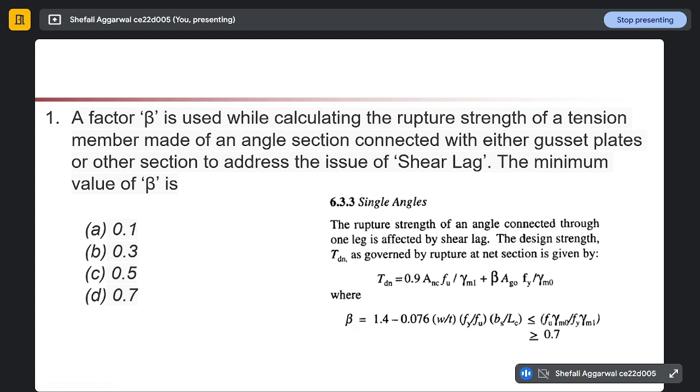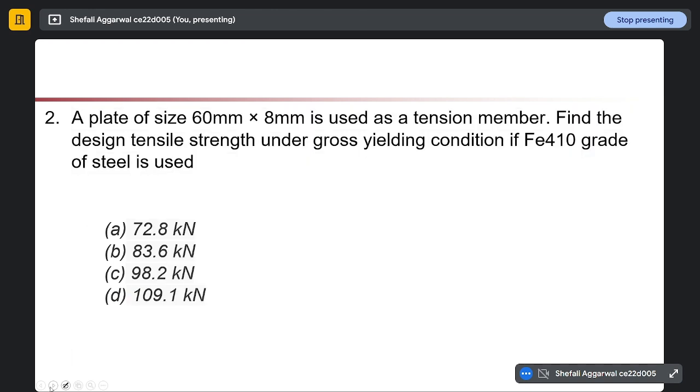Okay, so it is given in IS 800 clause 6.3.3. So beta value should always be greater than or equal to 0.7. Okay, so the minimum value will be 0.7. Okay, then we will go to the next question.